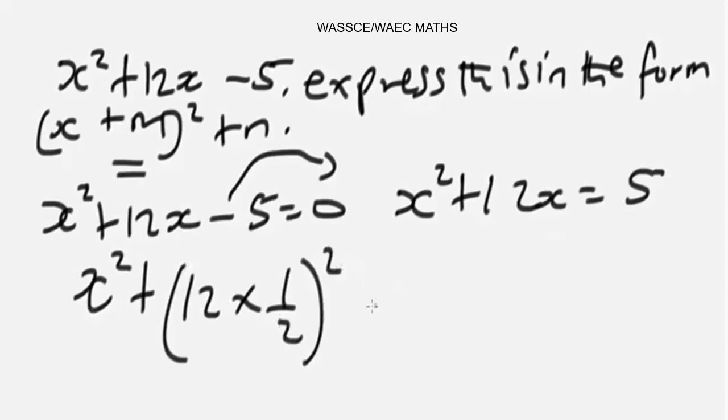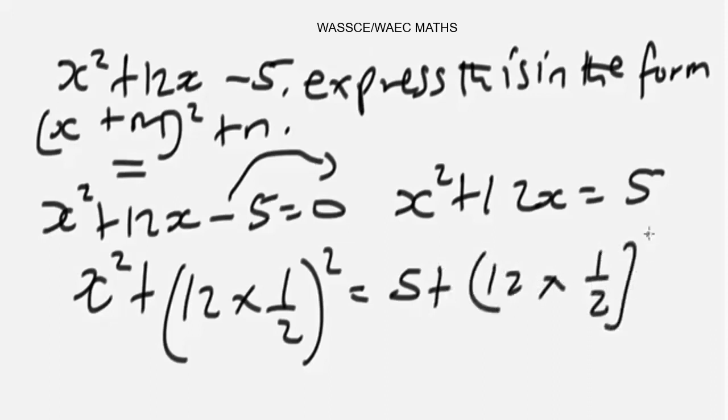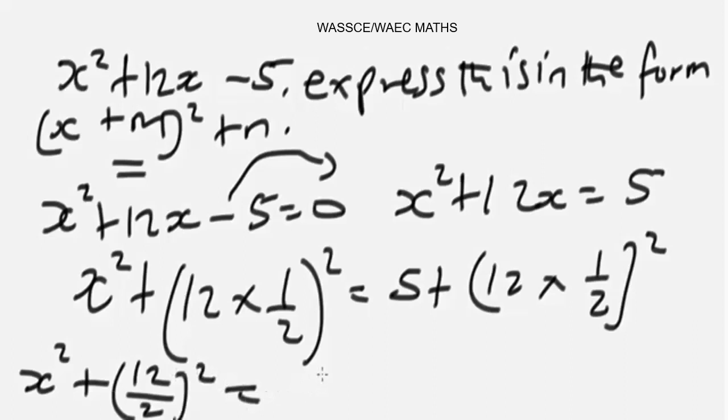This is the rule you have to follow to solve it. What you do on the left side, you also do on the right side of the equation. So we're going to have 5 plus 12 times 1 over 2, all squared. So when you simplify this, we have x squared plus 12x plus (12 over 2) squared equals 5 plus (12 over 2) squared.